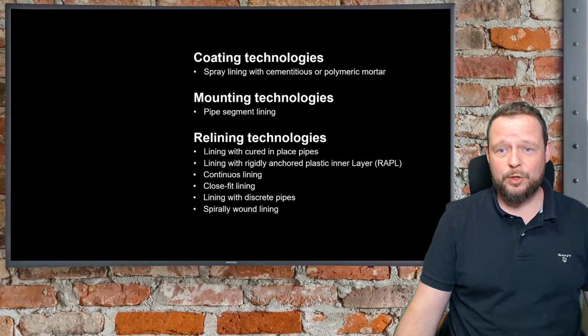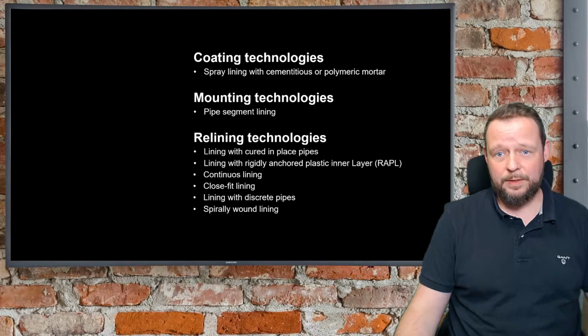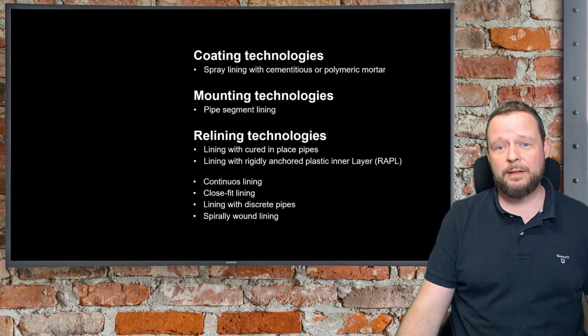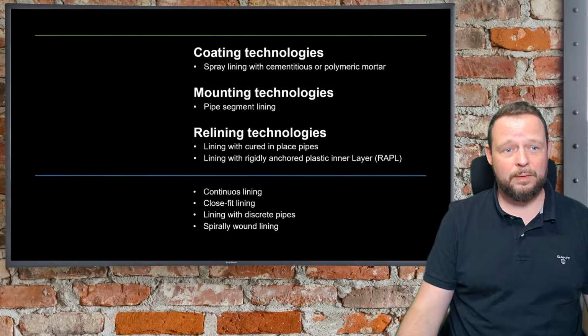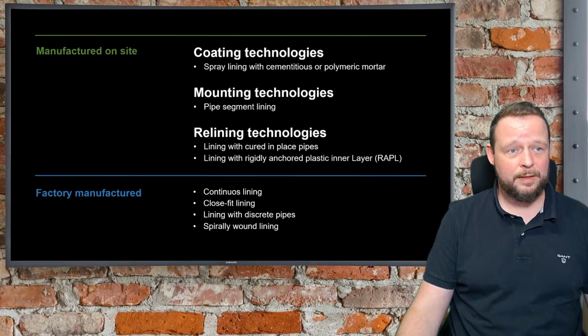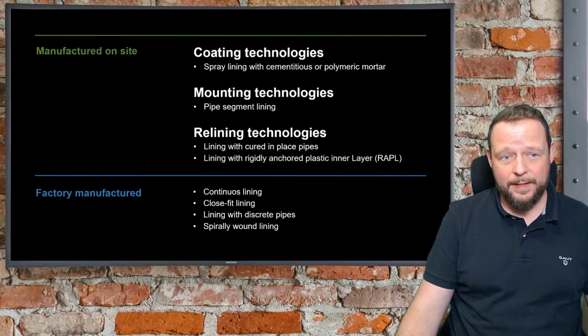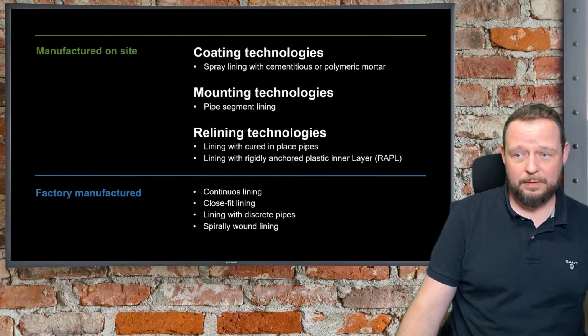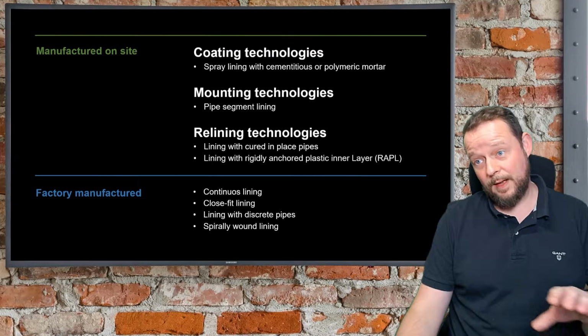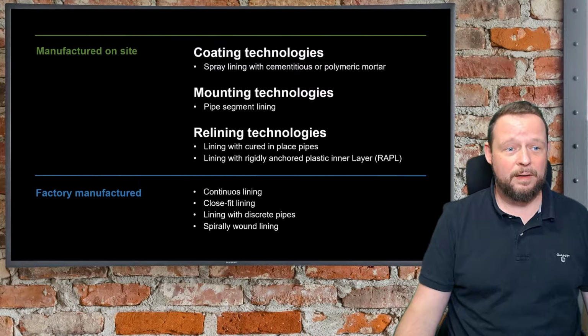At this point, we should divide these technologies into manufactured on site and factory manufactured. Going to the next slide, you see that some of these relining technologies are part of manufactured on site and some are part of factory manufactured technologies.